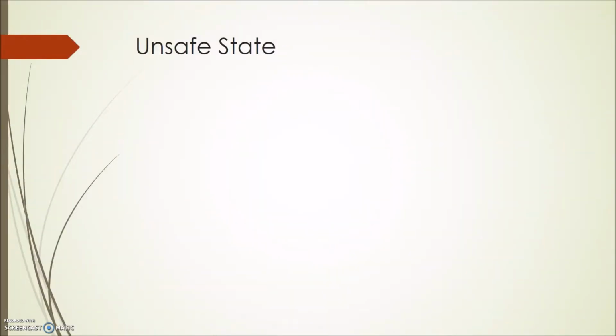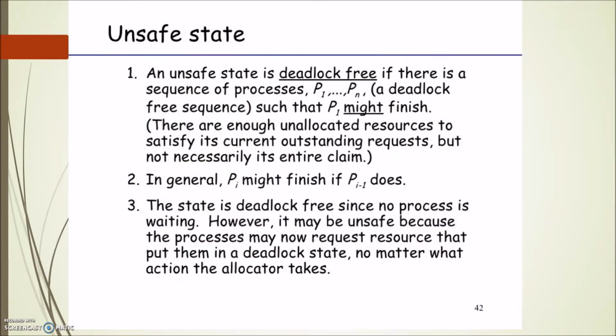The second state is an unsafe state. The figure shows that an unsafe state is deadlock free if there is a sequence of processes, for example P1 until Pn, a deadlock free sequence such that P1 might finish if there are enough unallocated resources to satisfy its current outstanding request, but not necessarily its entire claim.